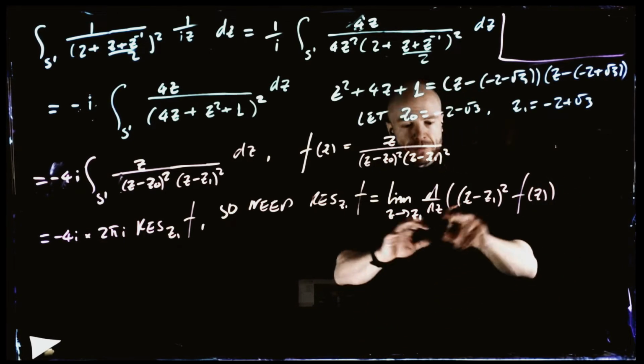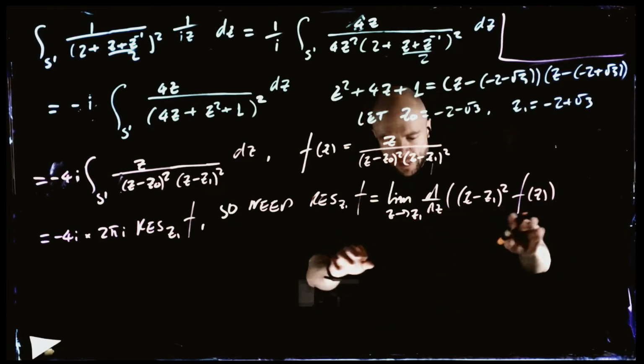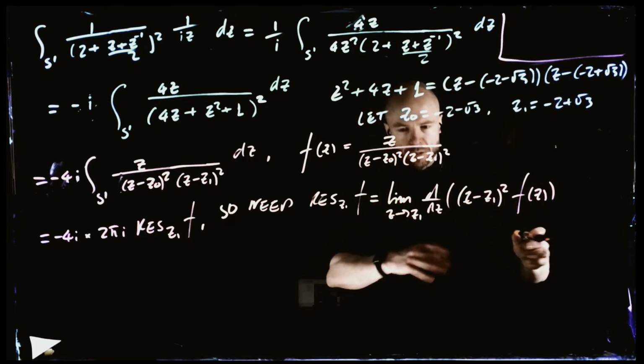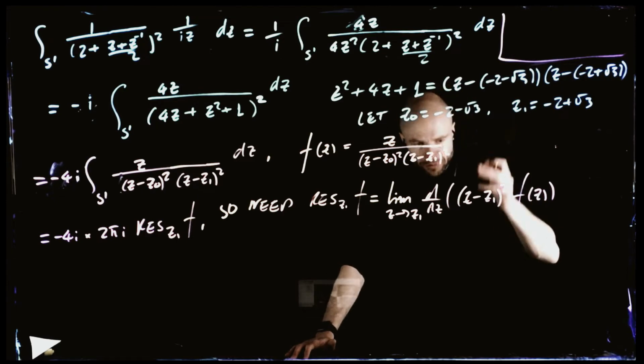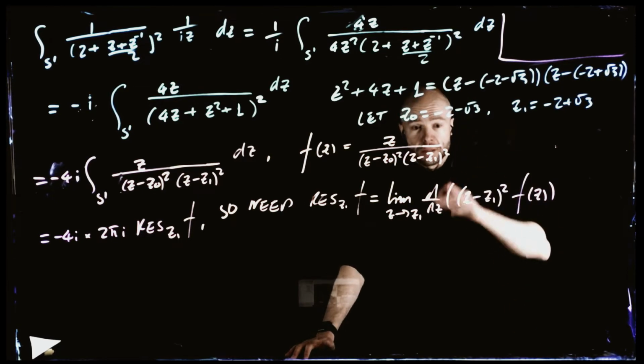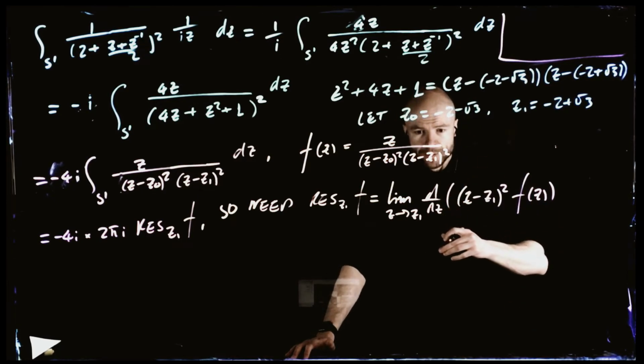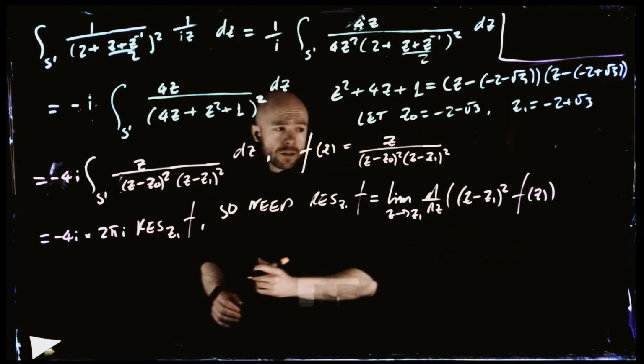We would be dividing by n minus 1 factorial, but n is 2, so n minus 1 is 1, and 1 factorial is 1, so we don't have to care about this. So this is the thing we actually have to calculate.